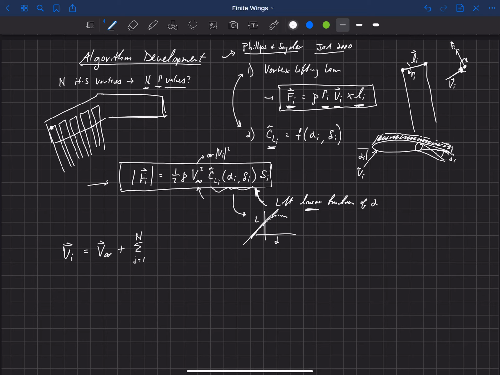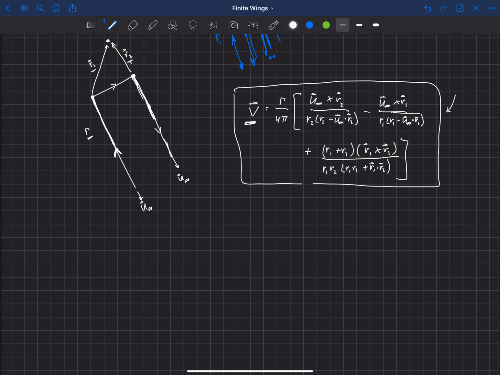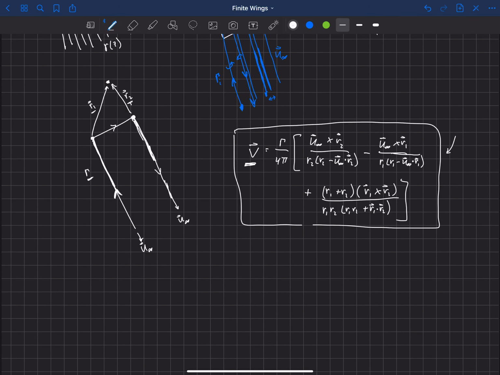And actually we can scroll back up here to the influence of, now this equation here shows us the influence of a single horseshoe vortex on some point in space. And so we're just going to use this exact same equation, and this portion in the parentheses I'm not going to rewrite. You can come back up here and copy it down.